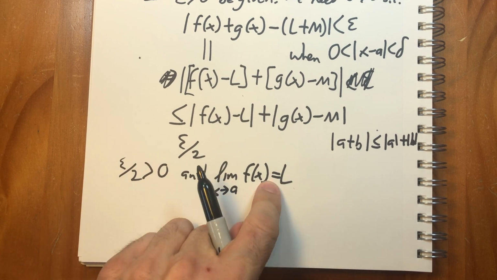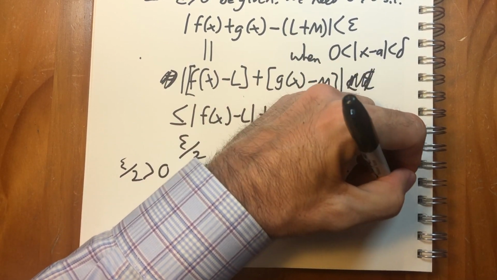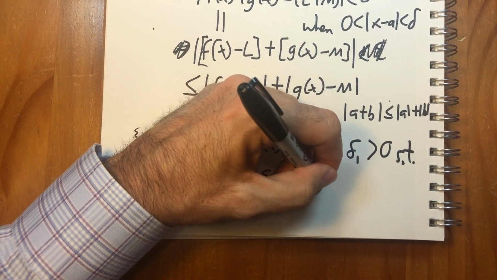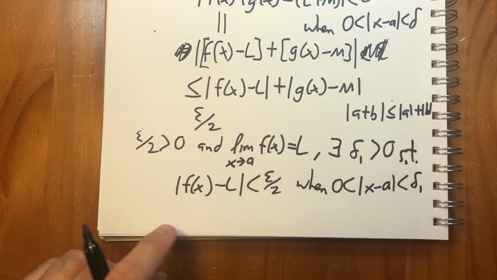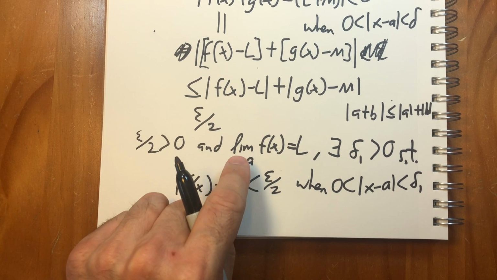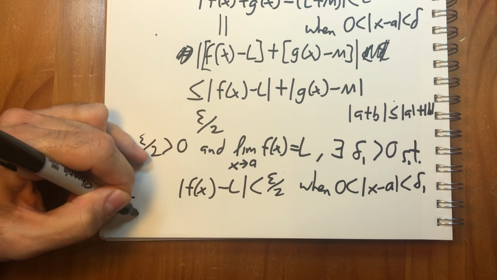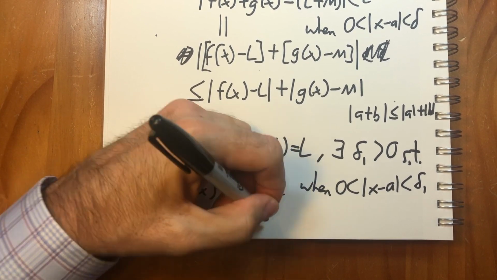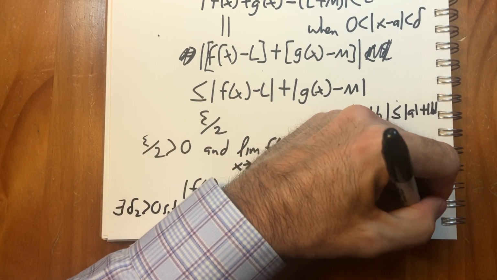So because of that, we know that there is a delta 1 greater than 0 such that the difference between f of x and L is less than epsilon over 2 whenever x minus a is less than delta 1, right? Similarly, we know the same thing is true for g of x, whose limit is m. There exists a delta 2 greater than 0 such that the absolute value of g of x minus m is less than epsilon over 2 whenever x minus a is less than delta 2, okay?